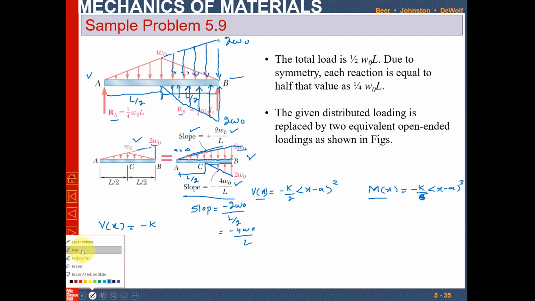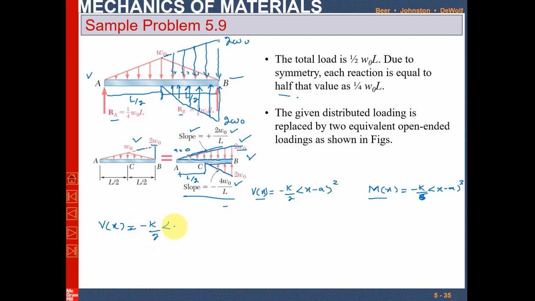So you can see that Vx is equal to minus K over 2. Let me erase something so that it will be easily visible. Again, you can see that the shear force for this scenario will be equal to minus K over 2 into x minus A whole square.